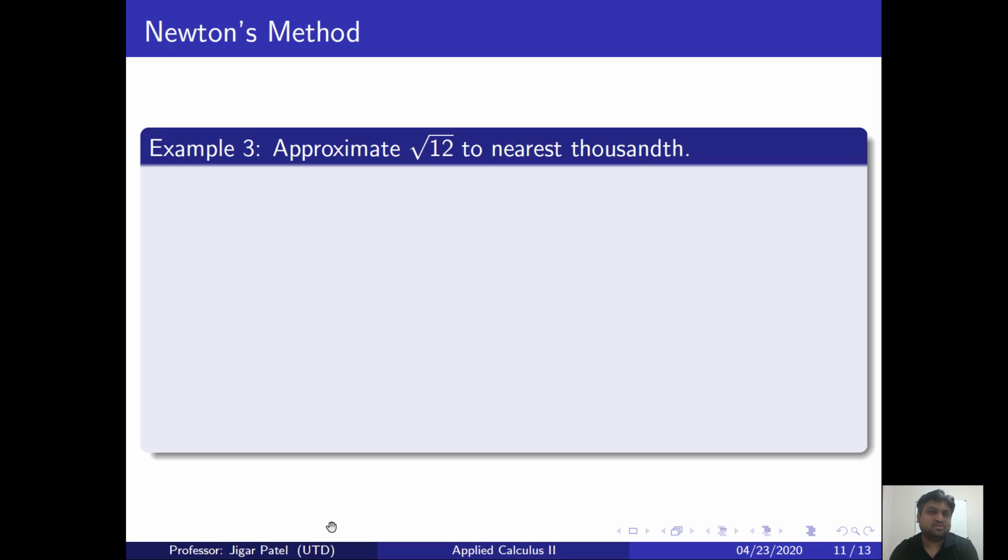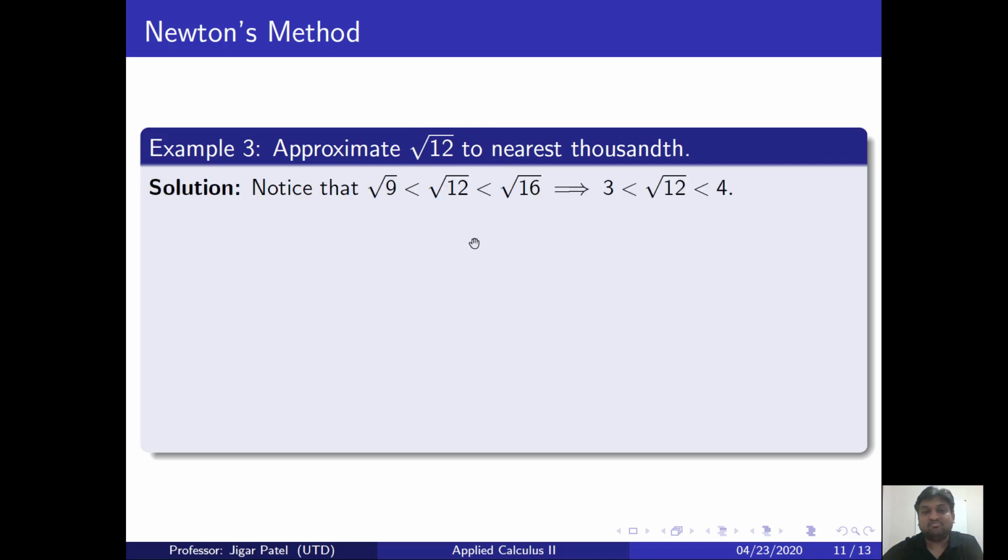The square root of 9 is 3, the square root of 16 is 4. Because 9 is smaller than 12, the square root of 9 is smaller than the square root of 12. And 16 is bigger than 12, so the square root of 16 is bigger than the square root of 12. This tells me that the square root of 12 is a number between 3 and 4. So the graph of the associated function is going to cut the x-axis between 3 and 4.